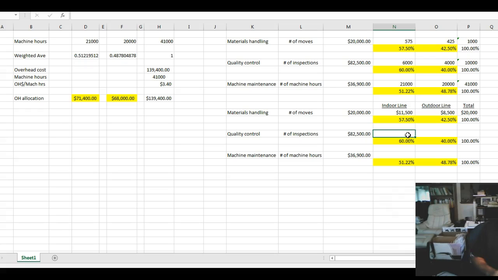Okay, so we're going to do the same thing here. We want to take the total cost to be allocated for that activity cost pool, which is quality control, and multiply it by the percentage for indoor.